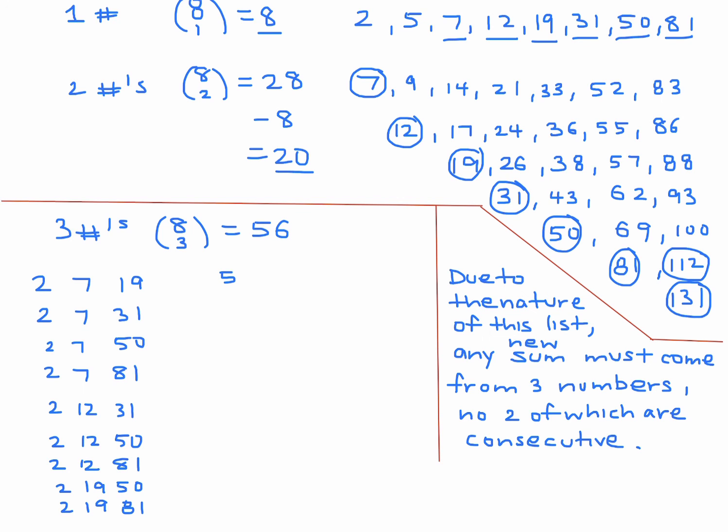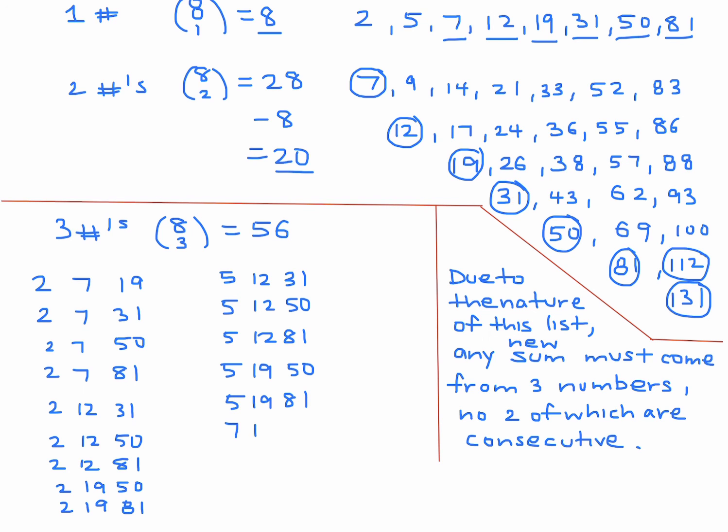So we got 5, can't choose 7, 12, can't choose 19, 31. See how I'm doing it? I can't choose 2 consecutive numbers, because if I did, it would give me a sum that I've already obtained. So 5, 12, 81. And then now let's move up to the 19. 5, 19, 50. 5, 19, 81.